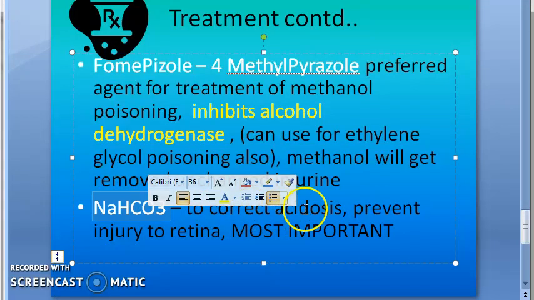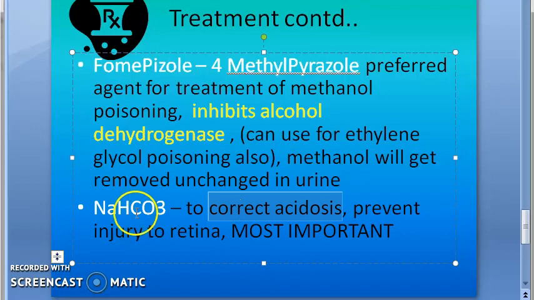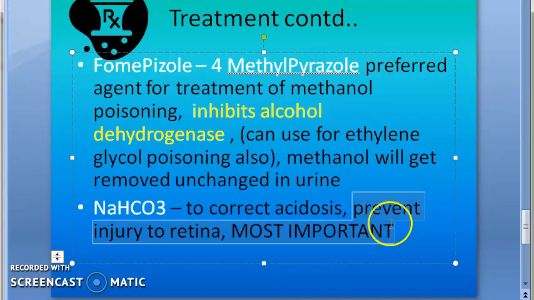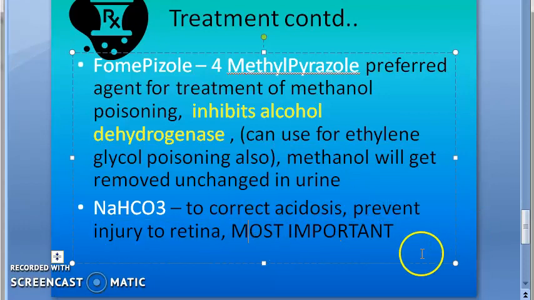This is given to correct acidosis. I hope this is clear. You're giving sodium bicarbonate because this is bicarbonate, HCO3 minus, right? You will give it to correct acidosis, and you will prevent injury to the retina, which is most important. So this is a very important step, the most important step. So you can protect the eyes if you give what?